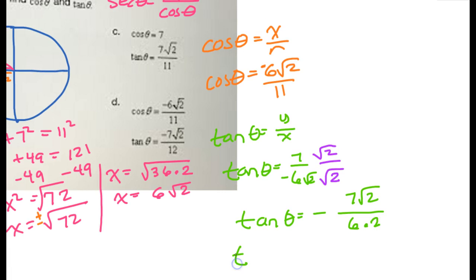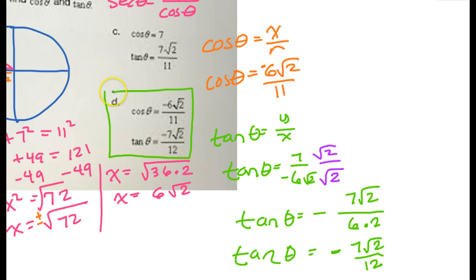So in the end we have negative 7 radical 2 over 12. So this is tangent and this is cosine. Look, I feel like I'm seeing it right here. Choice D: negative 6 radical 2 over 11 and negative 7 radical 2 over 12. So the answer is D.